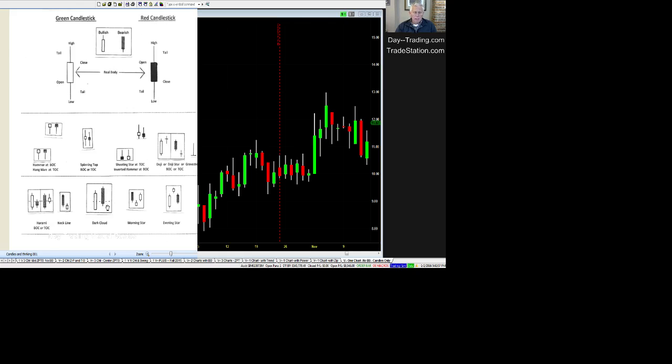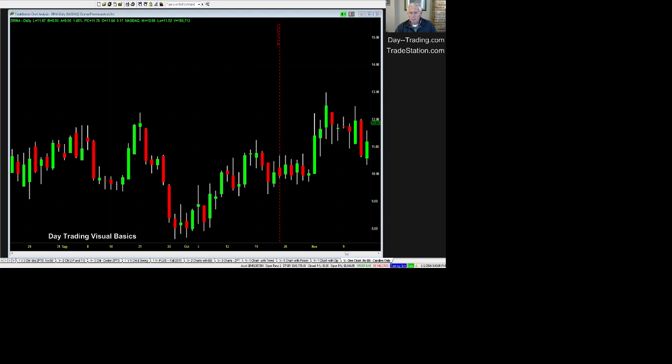Then you have dark clouds and piercing patterns. You got morning stars, evening stars. There's probably 50 or 100 more that at this point I'm just not going to talk about. But I wanted to briefly cover a few of those so that we had a little bit of an idea of what things are called.